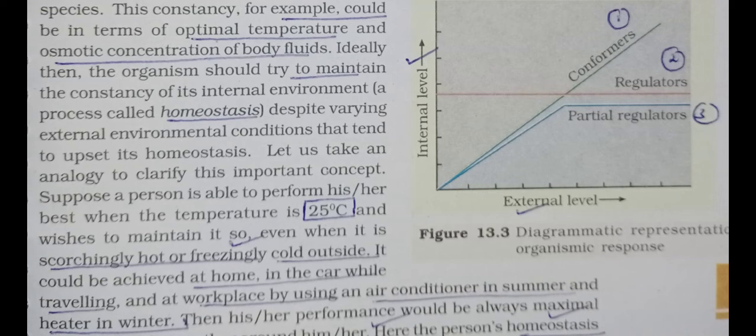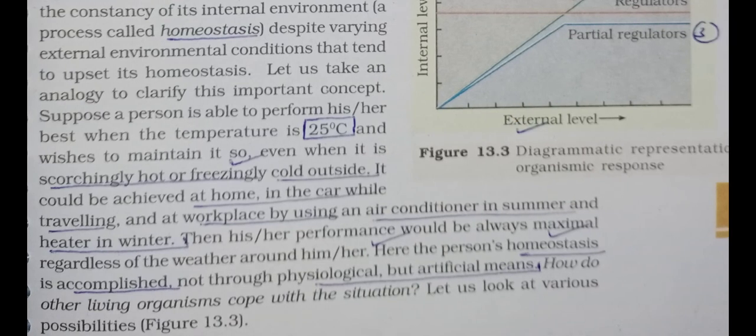Let us take an analogy to clarify this important concept. Suppose a person is able to perform his or her best when the temperature is 25 degree centigrade and wishes to maintain it. So underline 25 degree, it is a one-liner question. Even when it is scorchingly hot or freezingly cold outside, it could be achieved at home, in cars, while traveling, and at workplace by using an air conditioner in summer.